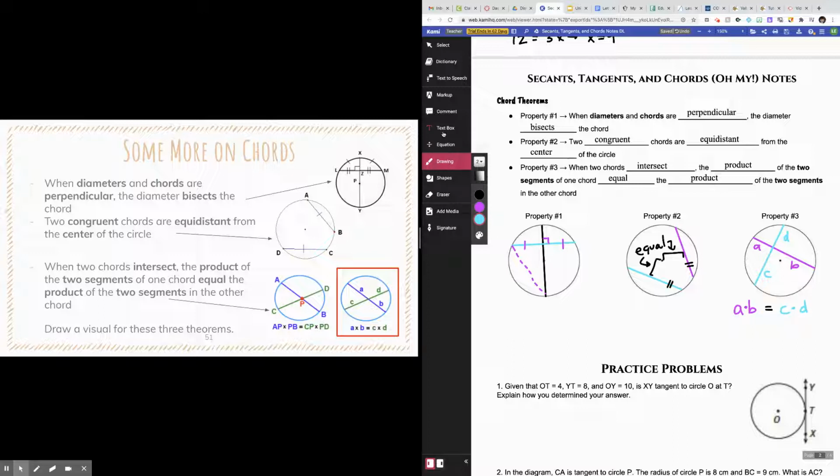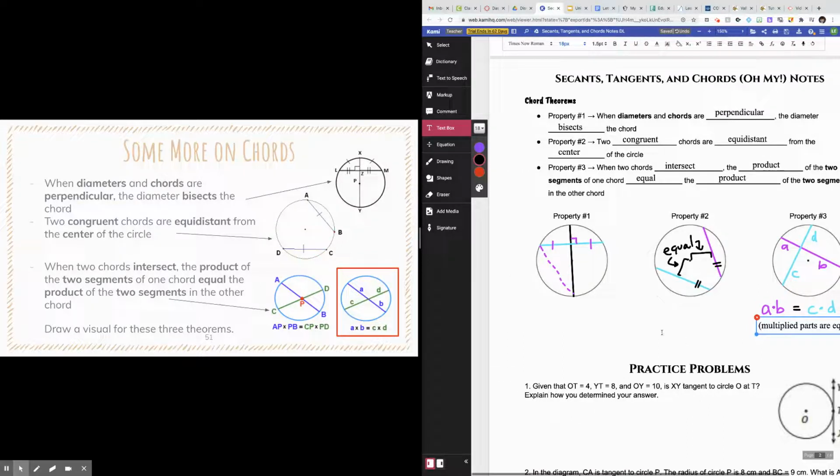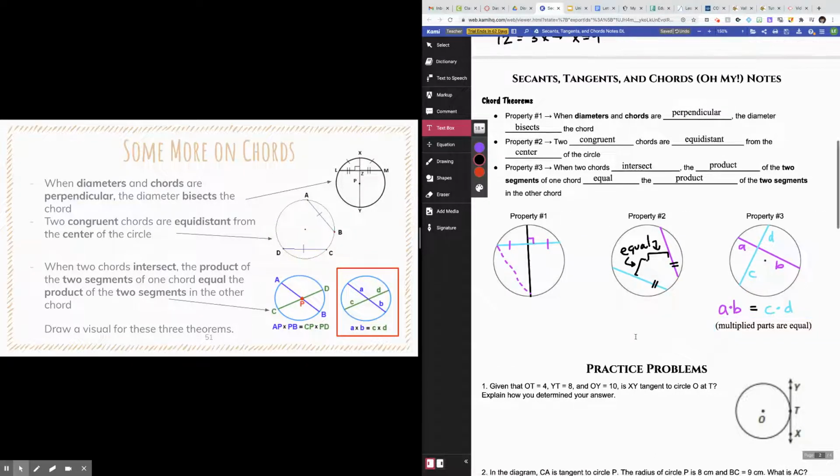Essentially, the multiplied parts are equal.